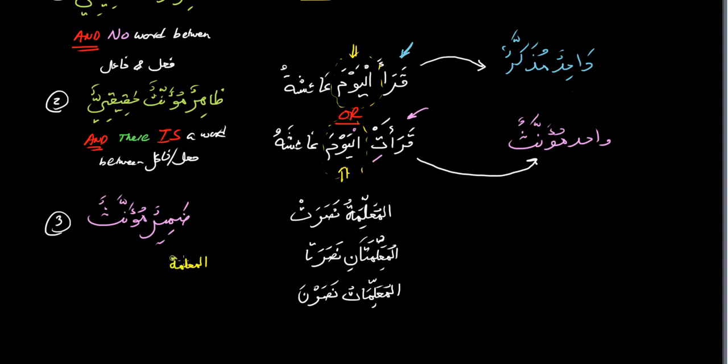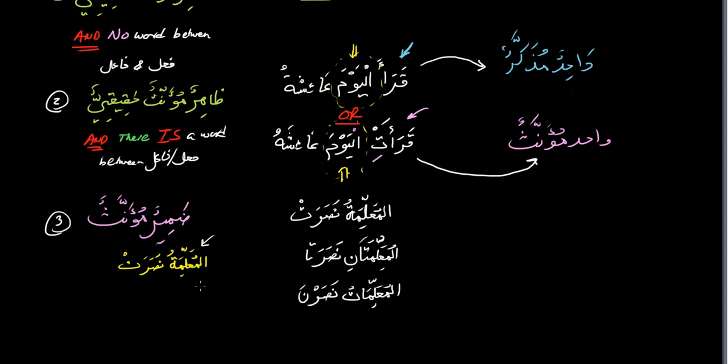Al-muallimatu, nasarat. So fa'il is a doer, right? I thought incorrectly that this was the fa'il, the doer, because I kind of messed up. So anyways, that's not the fa'il actually.